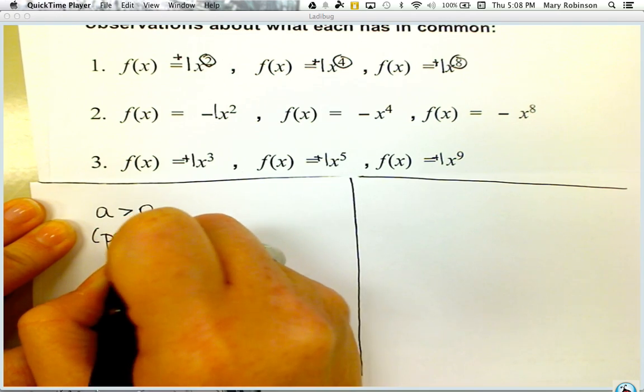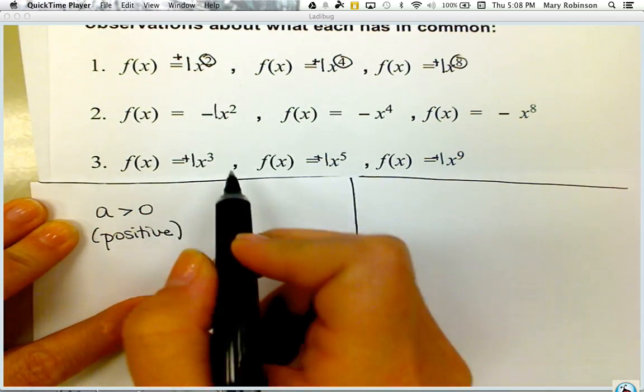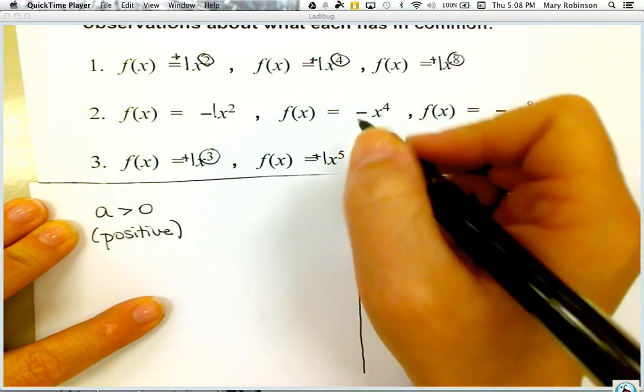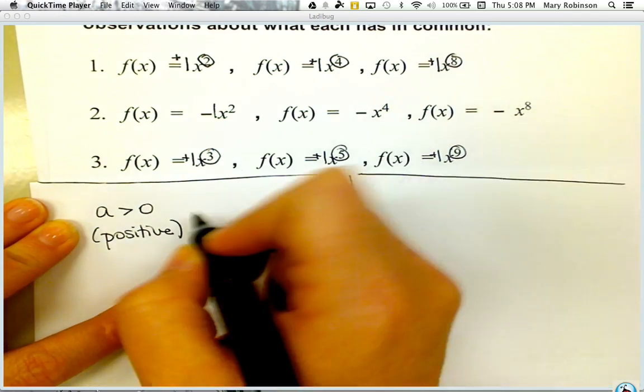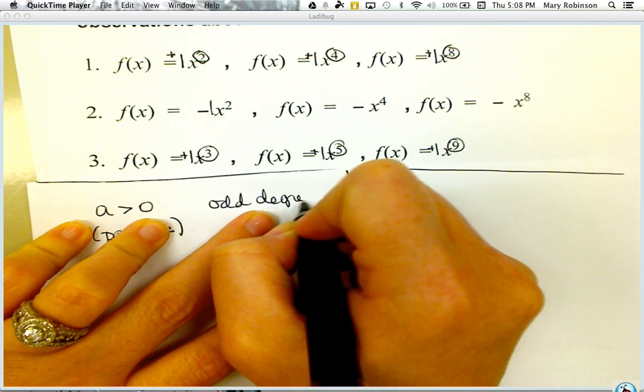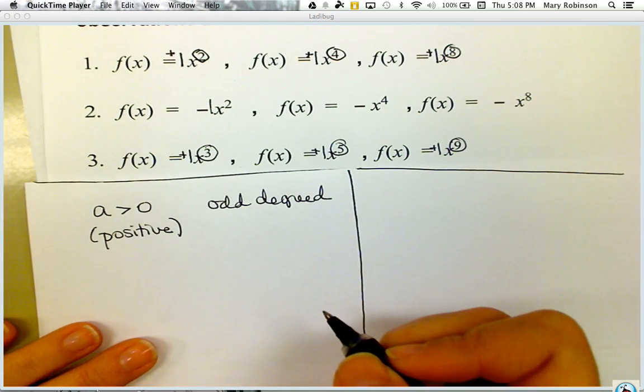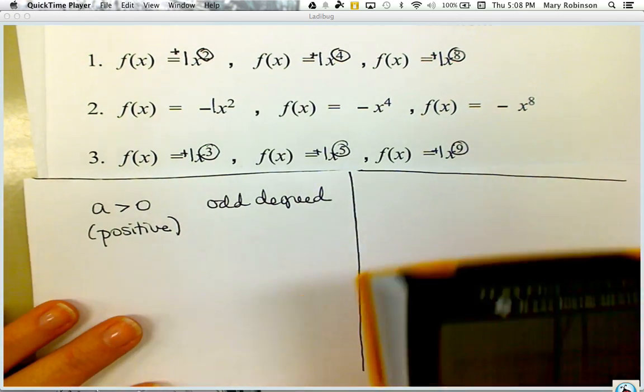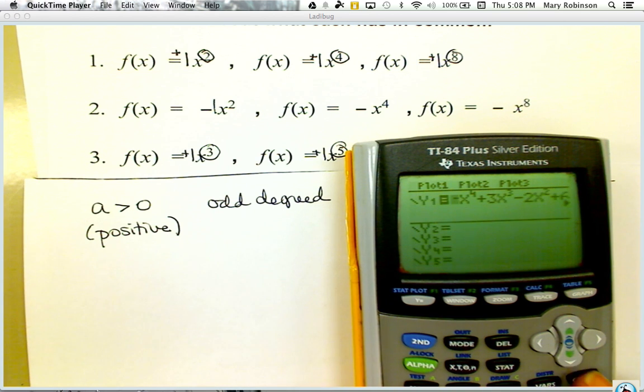Again, remember that just means it's positive. But the difference between numbers 1 and 3 now is that our exponents are odd, so we call this an odd degree polynomial function. So let's see what observations we make when we graph it this time.